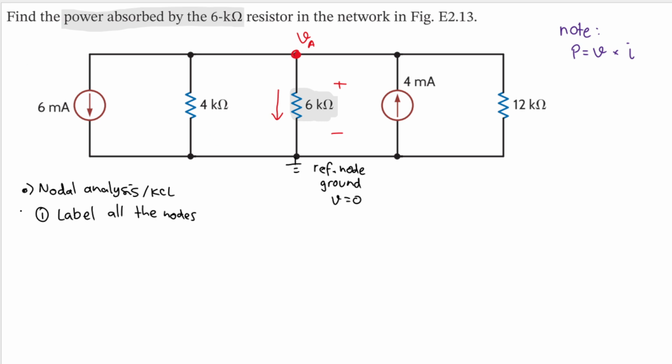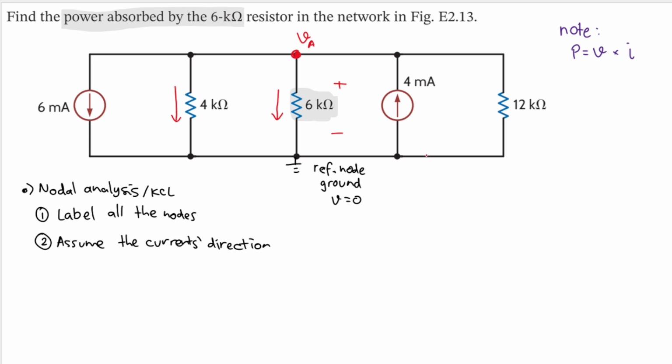Let's move on to the second step, which is to assume the currents' directions. How to do that? We can just assume. Usually for the vertical components, I just assume the current goes to the ground, so I assume it goes down.